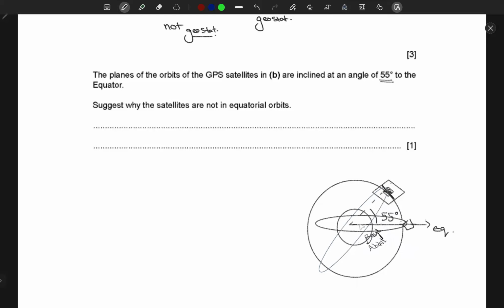Think in terms of what's happening. What is the purpose of this satellite really? The satellite is providing information about the Earth, right? So if the satellite orbited in this way, what information would it be lacking? Imagine that you're sitting in the satellite and you are observing the Earth, but you're orbiting in the equatorial orbit.